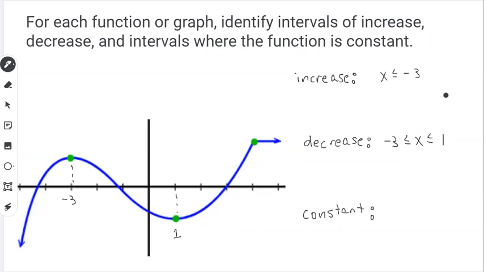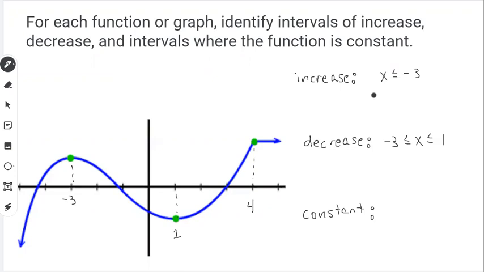And then from 1, you start going up again. You start going up the hill until you get to this point. Then the function starts going constant. So what is this point? This would be 1, 2, 3, 4. So this is at x equals 4. The function stops increasing and it starts going constant.